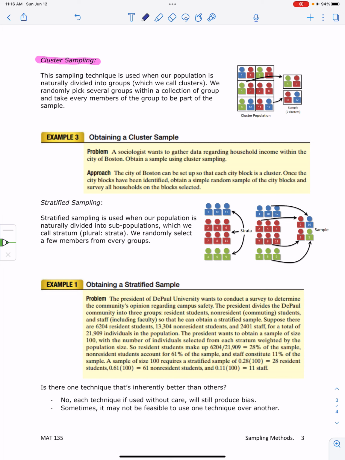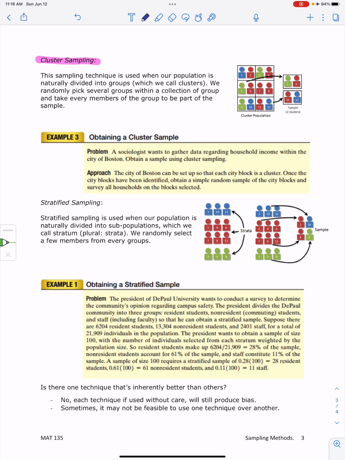One of my favorite examples to use with cluster sampling is if I am looking at a school district. Suppose there are 12 elementary schools and 5 middle schools and 2 high schools. Each of those separate buildings, those separate schools, would be considered a cluster.